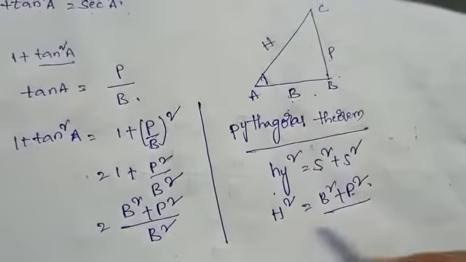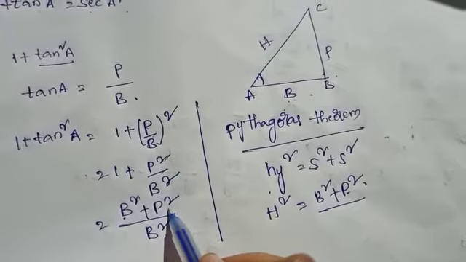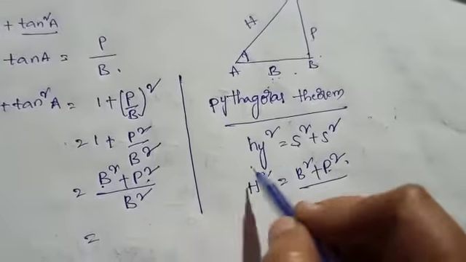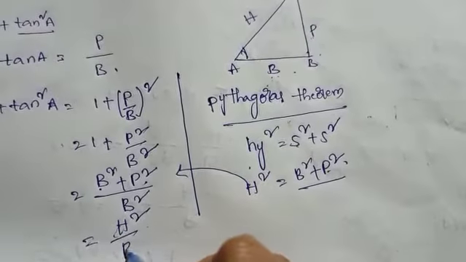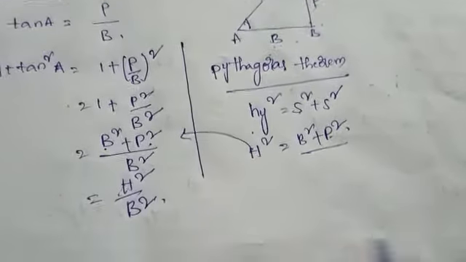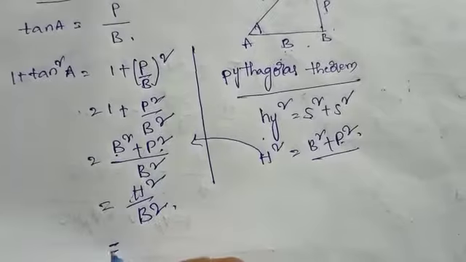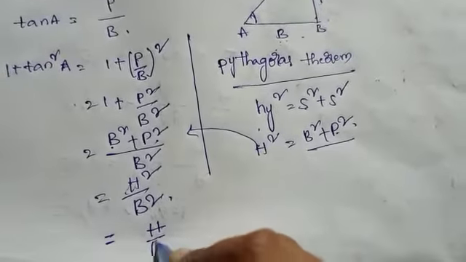Here B square plus P square over B square equals H square by B square, which is (H by B) whole square.